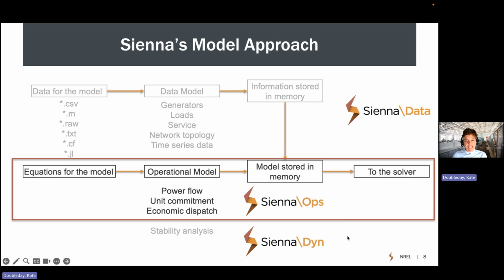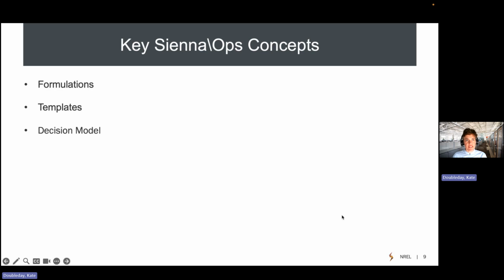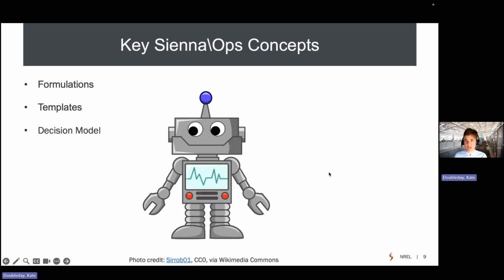So there are a couple of key concepts within Sienna Ops that we want to introduce: formulations, templates, and decision models. And we're going to use the analogy of making a robot walk. So in this case, the robot is our data set. This contains all the information about all the components in our system put together through Sienna Data. So a robot has arms, it has legs, it has a head.